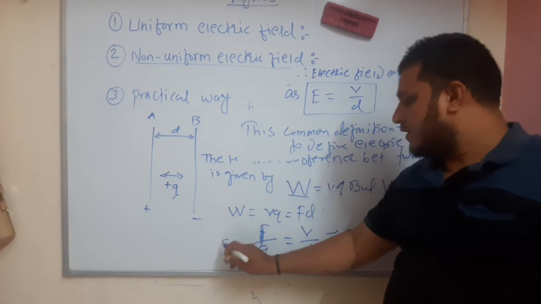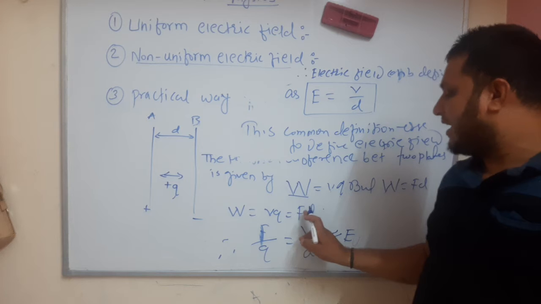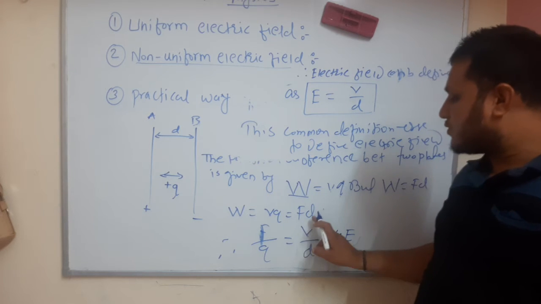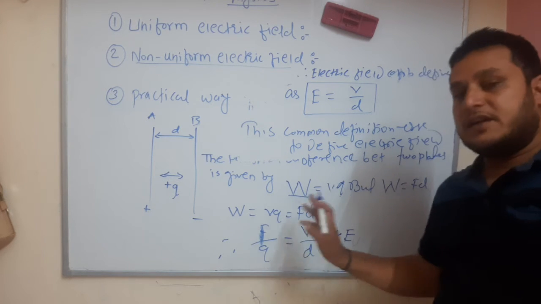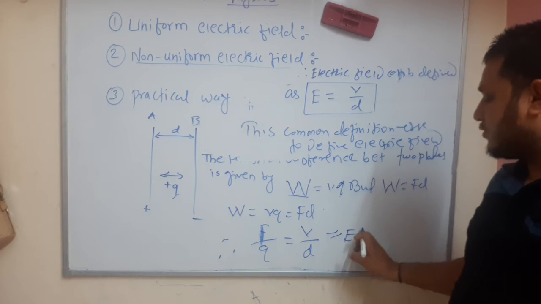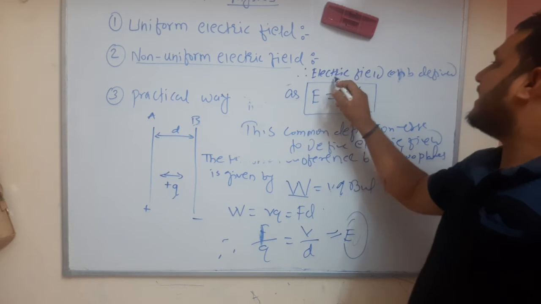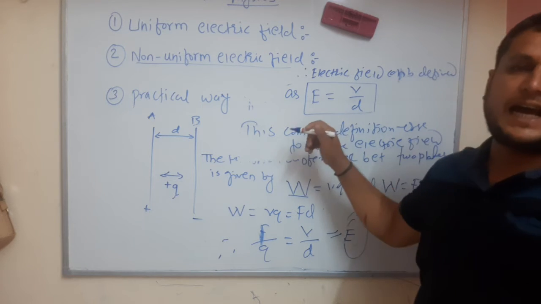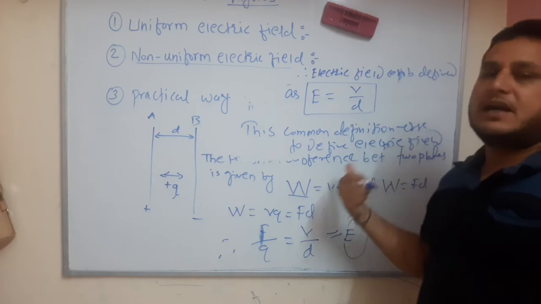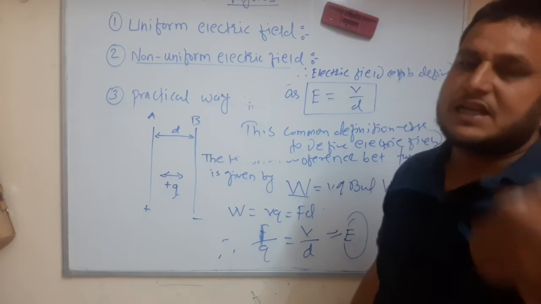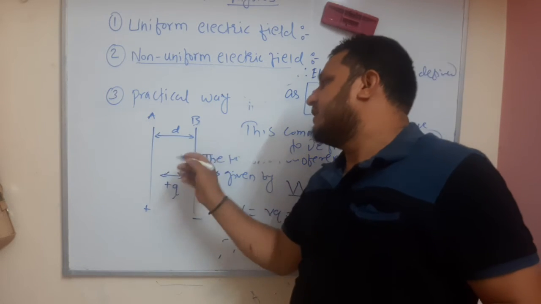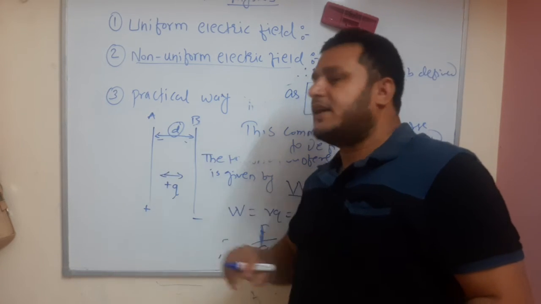Therefore F upon Q is equal to V upon D, that is equal to electric field. So we can also say electric field can be defined as E is equal to V upon D: potential difference upon separation between these two plates, that is our D.